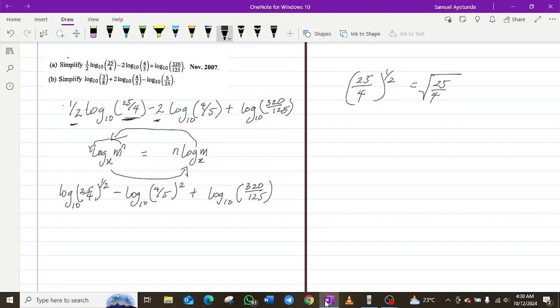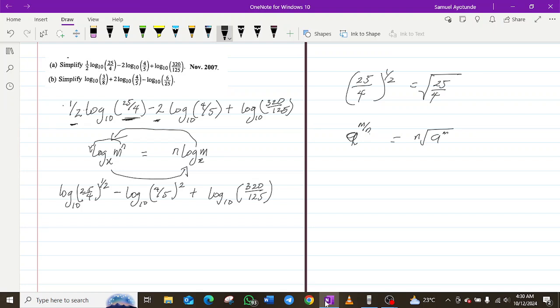There's a rule in indices that says, let me write it, that when there is a fractional power, just like we have here, a raised to power m over n, the denominator of the fraction becomes the root, while the numerator of the fraction becomes the power, like this.